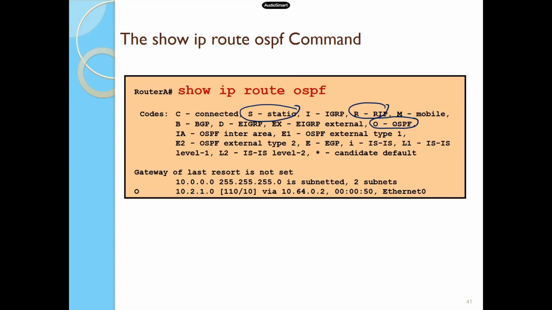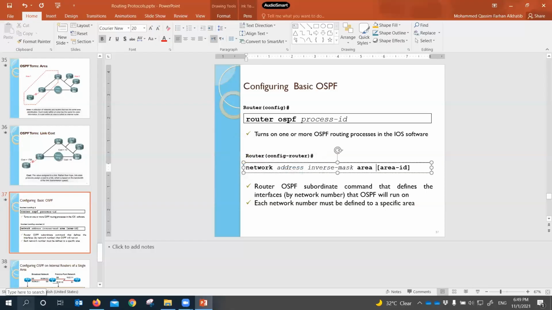C is connected, like I said, a direct connection. I think we have seen D a couple of times ago. There you go, it is EIGRP. That is D. All right, so that's it for the lecture.